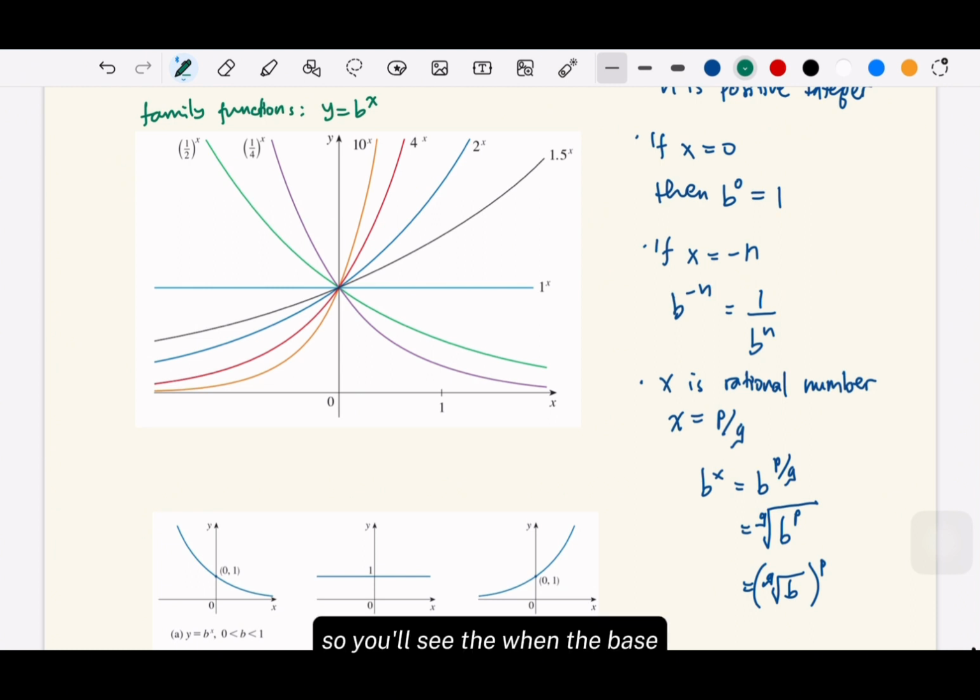You'll see that when the base is getting larger, it's getting larger exponentially. It's increasing really fast, going up. Compare with if you have 0.5, it goes from here. So it's not like this, but it's going from there, right?